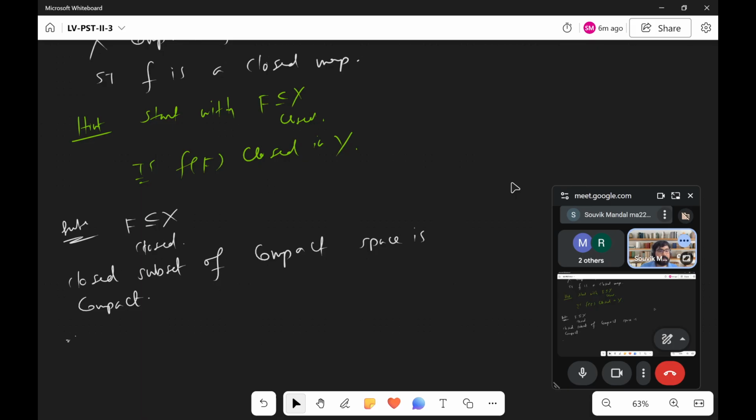That means F is compact. That means f of F is also compact, since the continuous image of a compact set is compact.